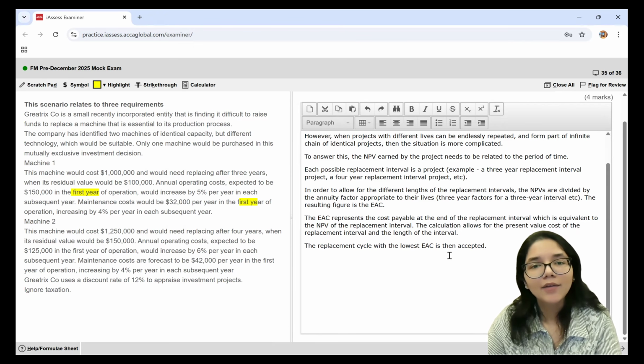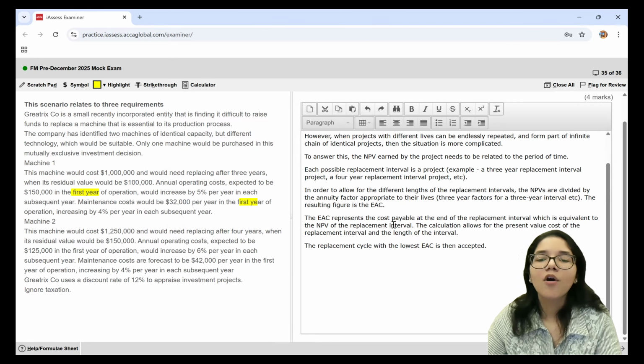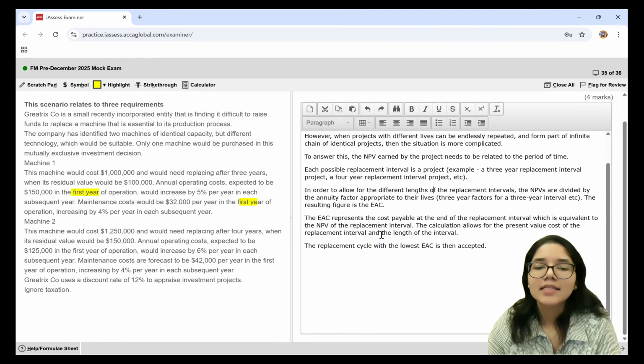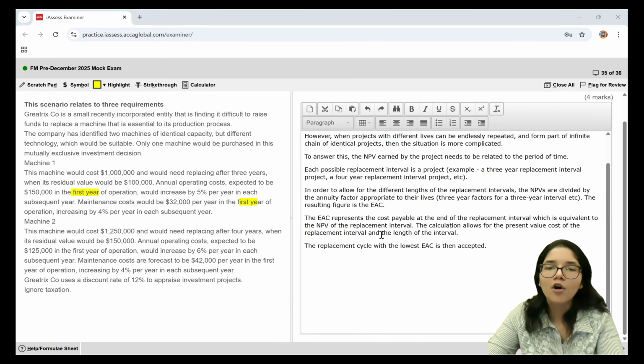What does the equivalent annual cost tell you? It tells you the cost payable at the end of the replacement cycle, which is equal to the NPV. So that means as a business, you know that every year, this is the amount of money which you have to pay to be able to use the asset which you want to. So this helps you to find out which asset will cost the least to the business, and this is how you choose that particular cycle, whether 3 years or 4 years.